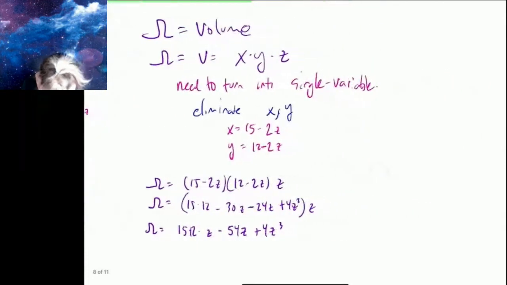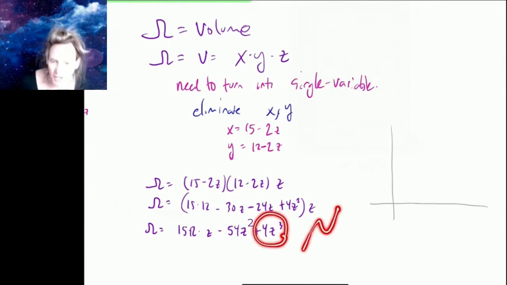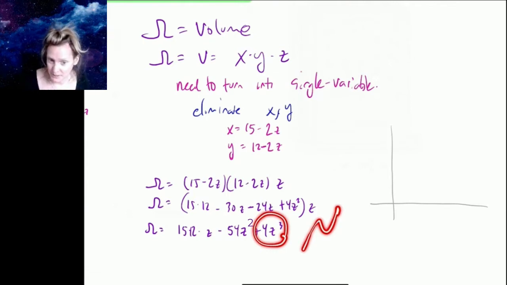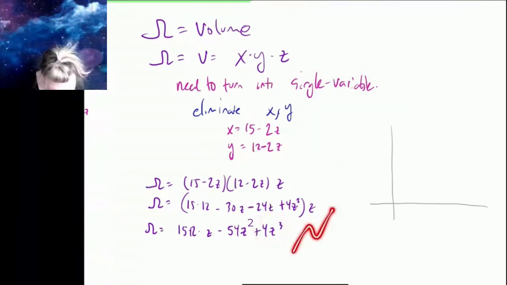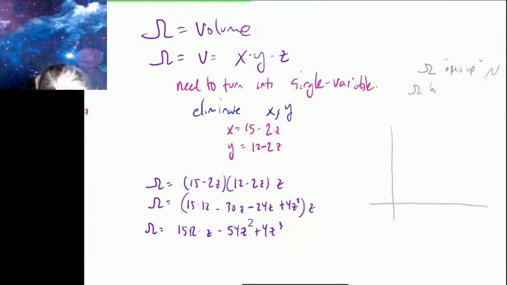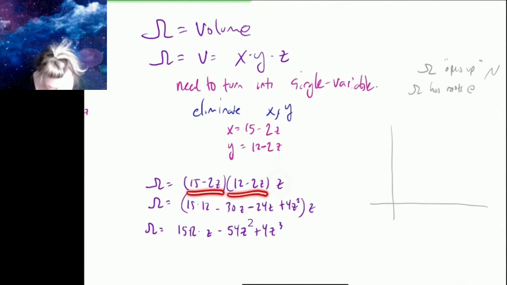And I'd like to just pop over here and do a quick little sketch of it. I know that it is, check it out, this kind of cube because it's positive, because the sign of the leading term is positive. So I know it's a cube that looks like that. And omega has roots at z equals 0, z equals 6, and z equals 7.5.